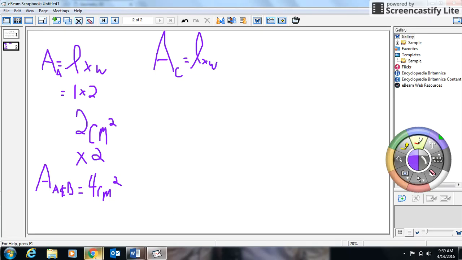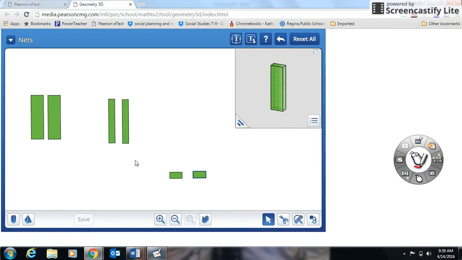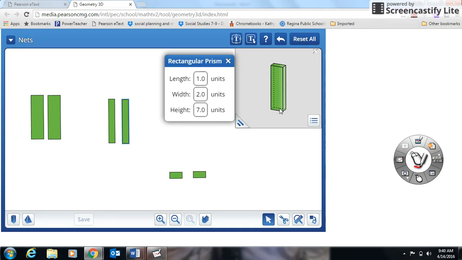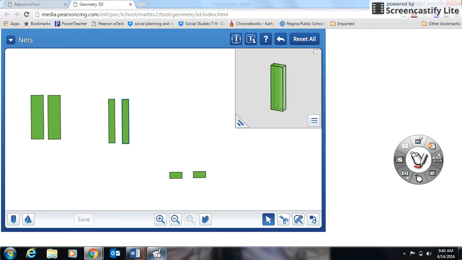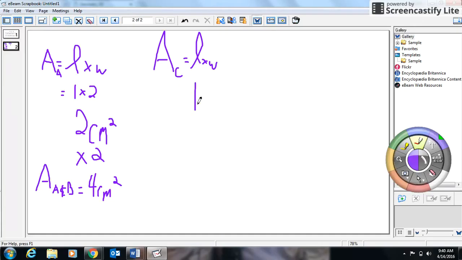All right, let's go back to this drawing here. So let's call this one C. Going back to my measurements, it's 1 by, the tall one is 7. So 1 by 7. Well, that's easy enough to multiply. 1 times 7 is 7. So I know the area of one of those shapes is 7 centimeters squared.